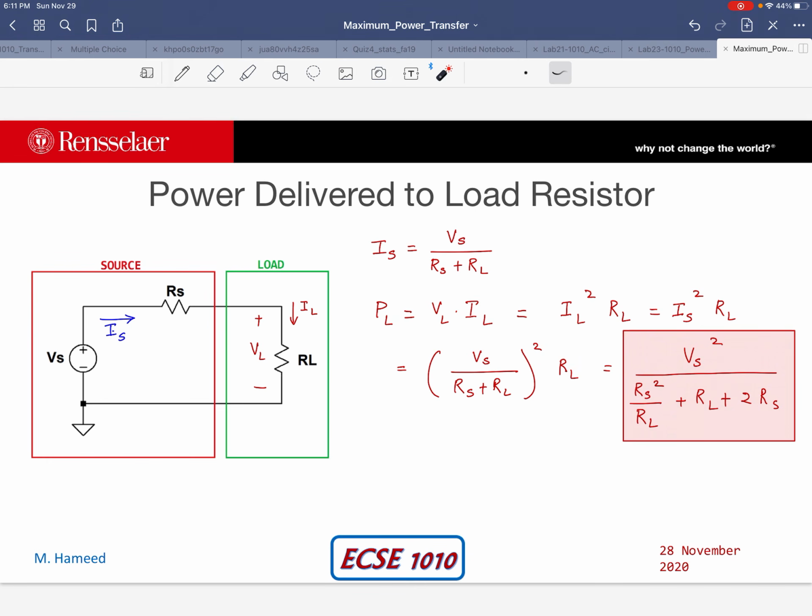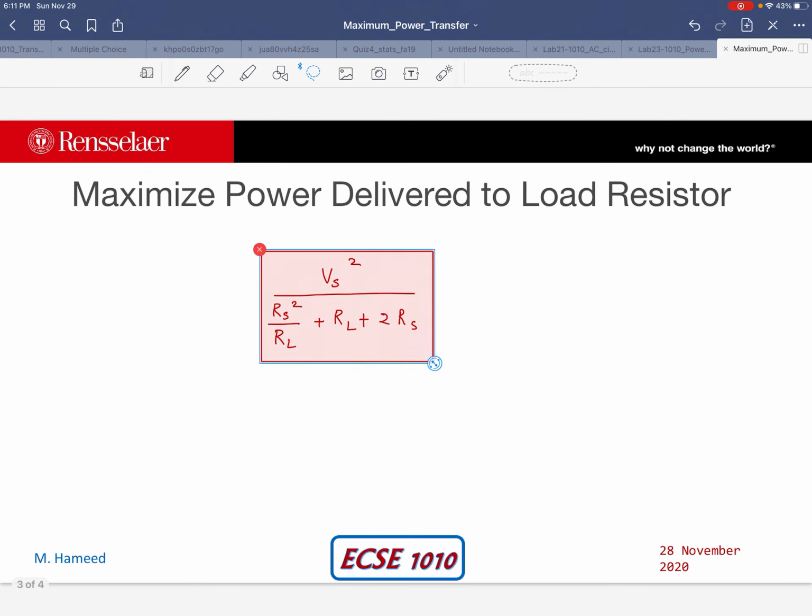So clearly the power that is delivered to the load is a function of Rs, RL, and the source voltage Vs. Now if I consider that my source doesn't change, meaning Vs and Rs are going to remain the same, what value of RL will maximize this power? That's the objective. So on the next slide I'm going to try to maximize this power, and just so that I have this result over there, I'm going to copy it from here.